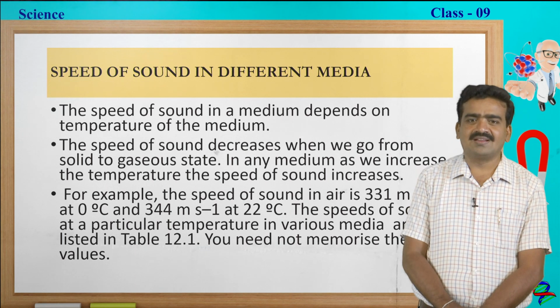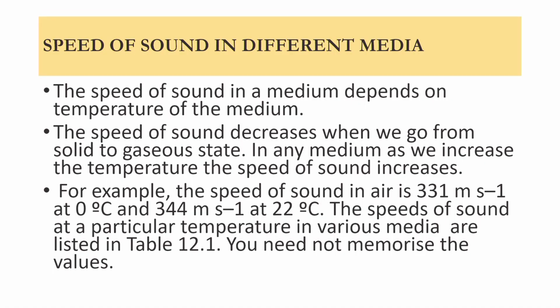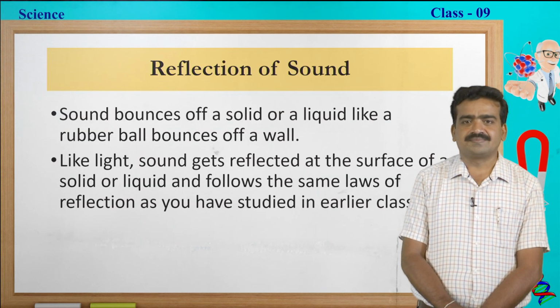For example, the speed of the sound in air is 330 meters per second at 0 degrees Celsius and 344 meters per second at 22 degrees Celsius. The speed of the sound at a particular temperature in various media is listed in Table 12.1 in your textbook, and you need not memorize the values, you can just go through it.